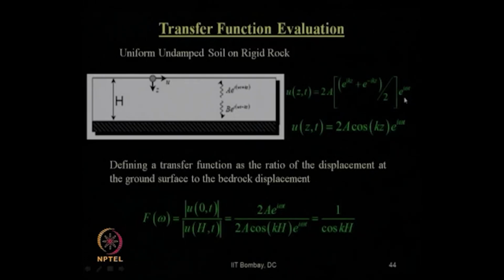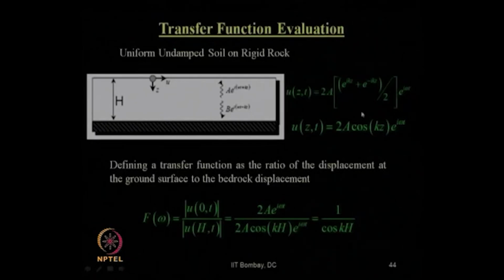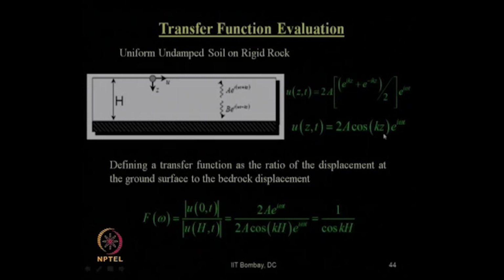Is it clear where it is coming from? If we go back, we can express it in terms of sine and cosine, and on simplification you can write it as 2a cosine of kz, e to the power i omega t.